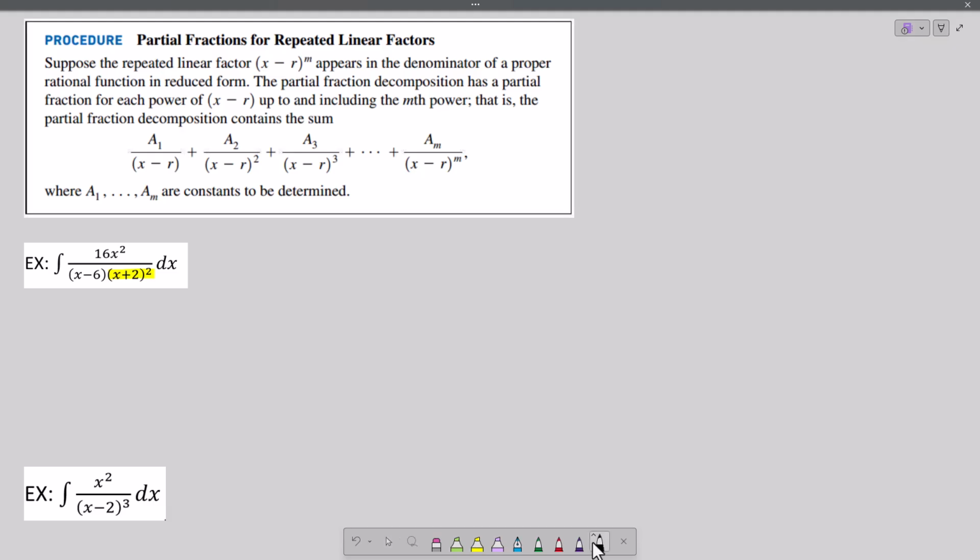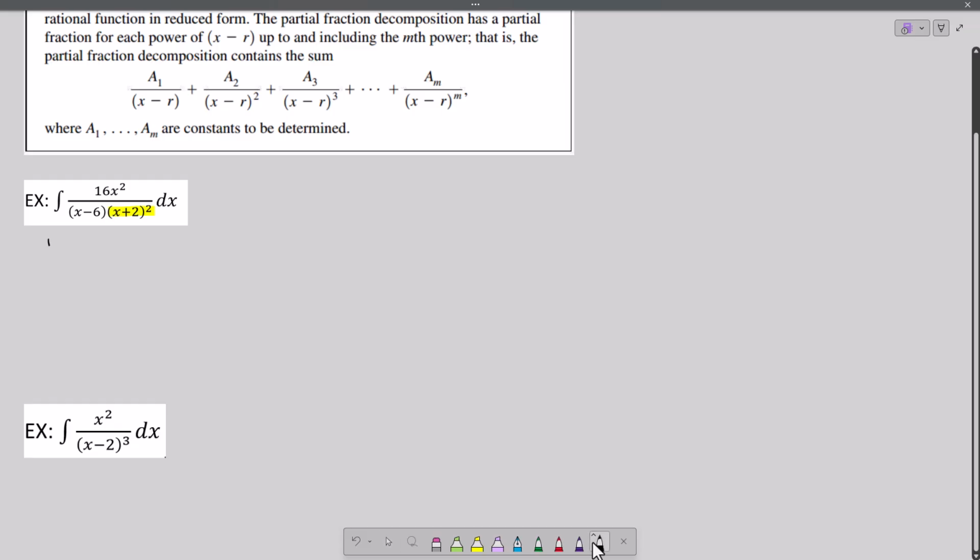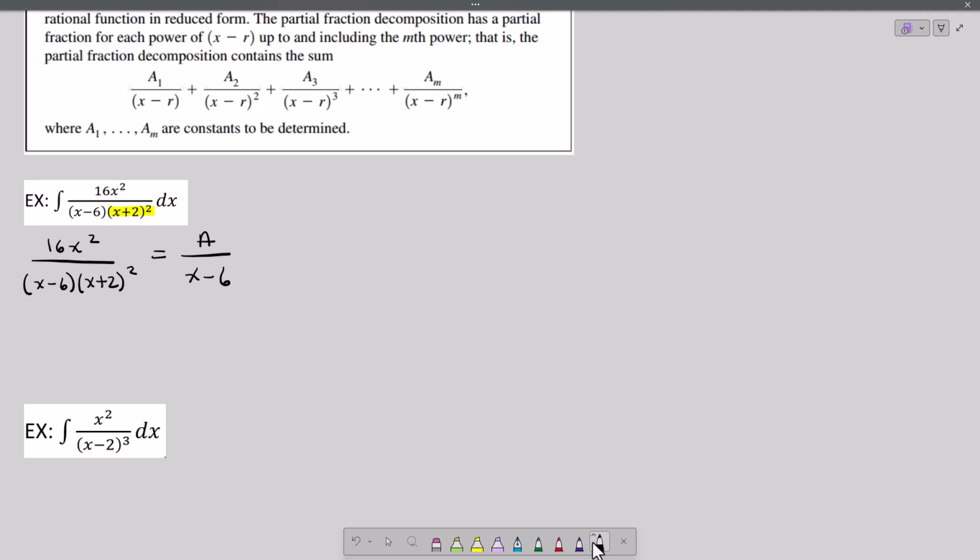So the PFD here, if you look at our, and they already factored this for us, so we don't have to do any factoring. So it's factored into 3 linear factors, one of which is repeated, so that has a multiplicity of 2. So this is going to be the linear factor with the x minus 6 is right there.